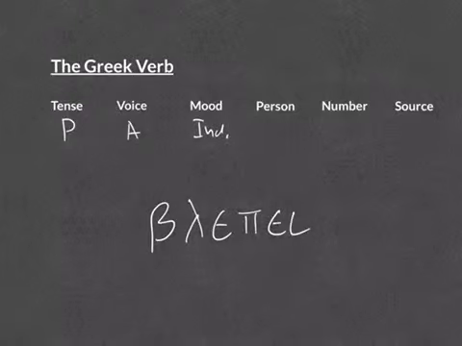Blepe. Only those two that I showed you, the men and the te, are going to have the neutral morpheme, just so you know. What is the last letter? Iota.